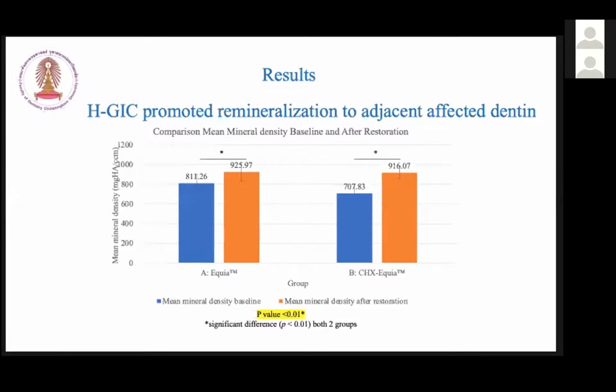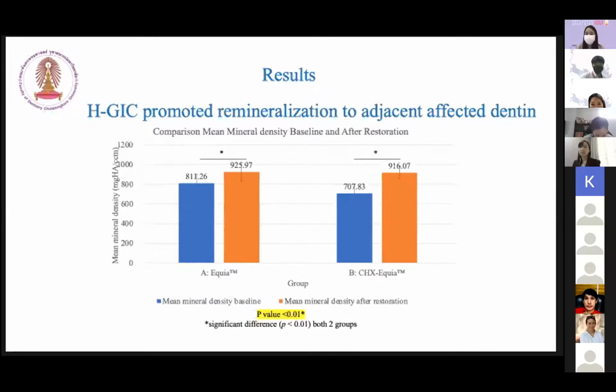The mean mineral density after restoration of the HGIC group was 925.97 mg hydroxyapatite per ccm, and the chlorhexidine HGIC group was 916.07 mg hydroxyapatite per ccm.